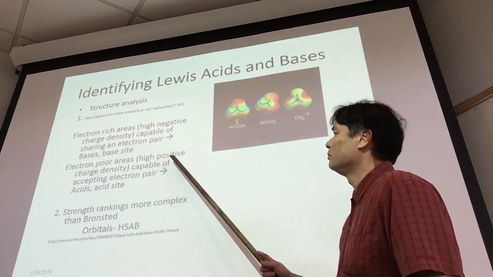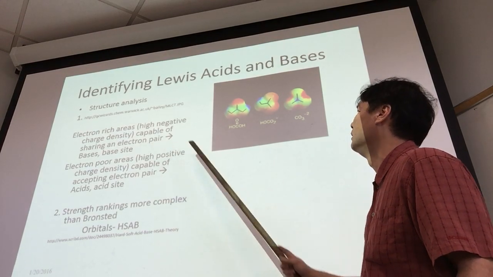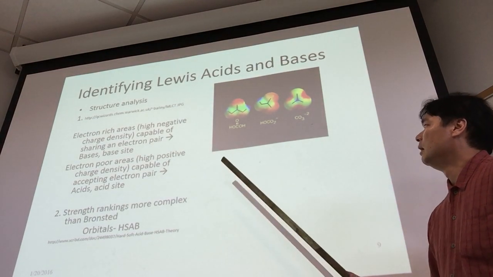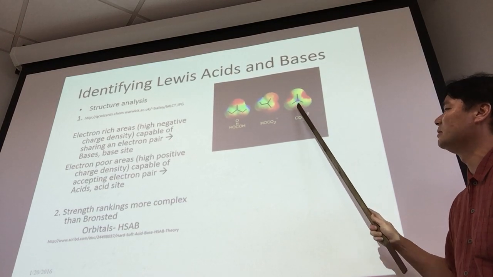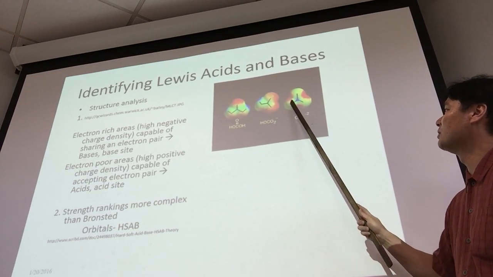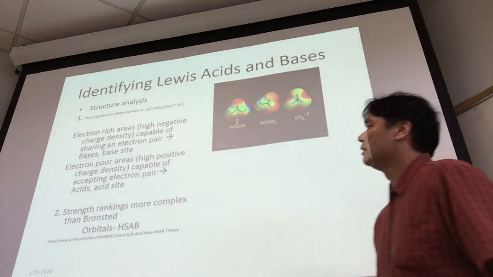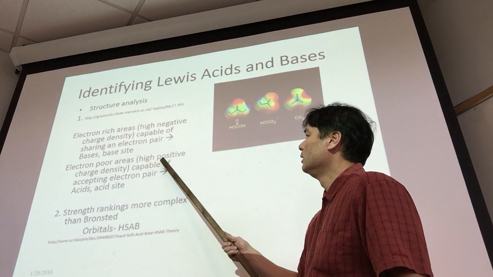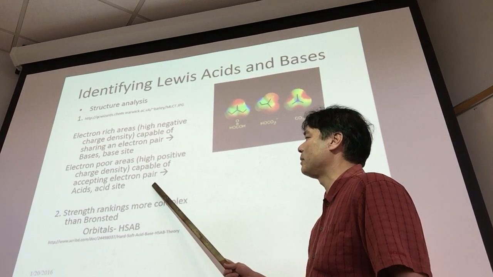These electron-rich areas, we want them to have a lone pair so that they can act as an electron pair donor. And so we look for red regions here. The red regions would be the base regions. And we need to make sure that they're lone pairs that can be donated. And then we look for electron-poor areas, areas with high positive charge density that are capable of accepting an electron pair.